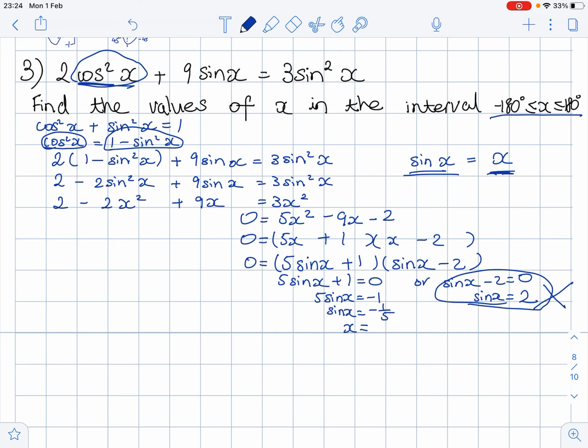Type into your calculator, you get your principal value, which is minus 11.5 to 3 SF. So let's do a quick sketch of our sine curve.